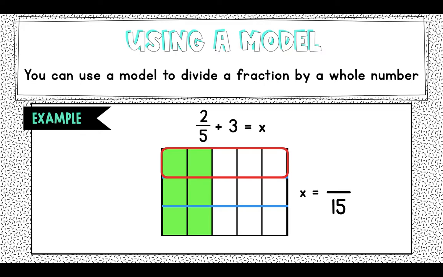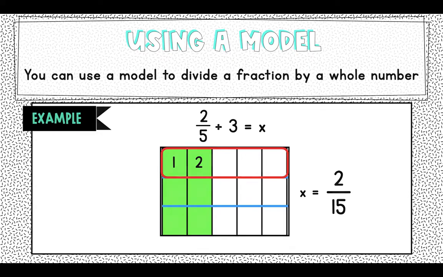So I'm going to circle the top third because I want to just figure out how many 2/5 will be in each of the thirds. So I'll just count those shaded sections and I'll get 2 for the numerator. So that means that 2/5 divided by 3 is going to be equal to 2/15.